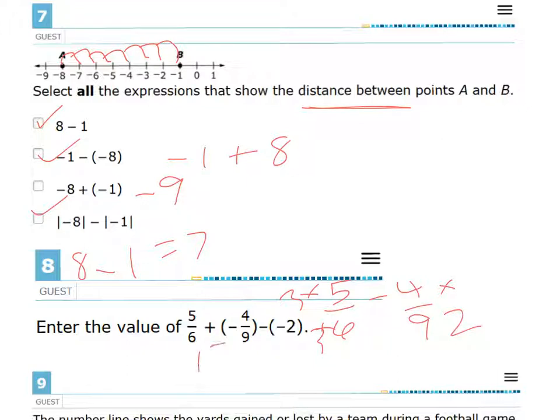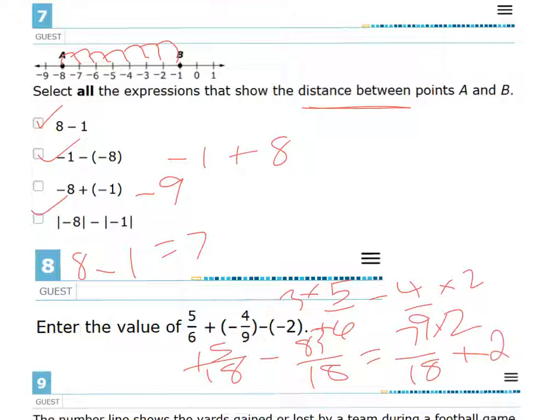We end up with 15 over 18 minus 8 over 18. And we realize 15 minus 8, we get 7 over 18. Then we're going to add it to the number 2. So that would leave us with 2 and 7/18.